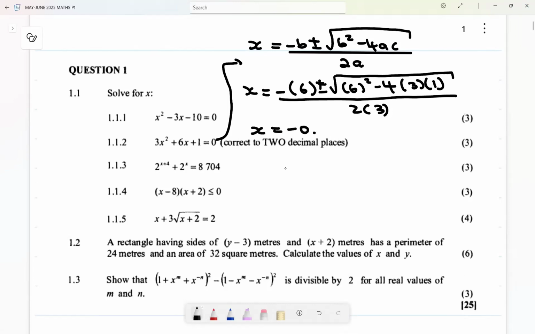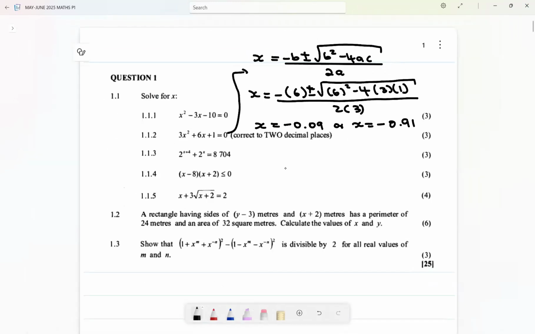I get x equals negative 0.09, or x is equal to negative 0.91. Guys, is it true? Negative b plus or minus square root of b squared minus 4ac. Okay, guys, hopefully it's correct.